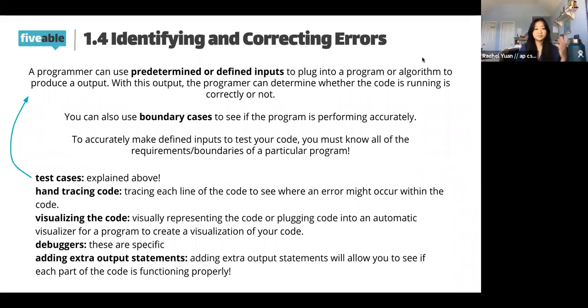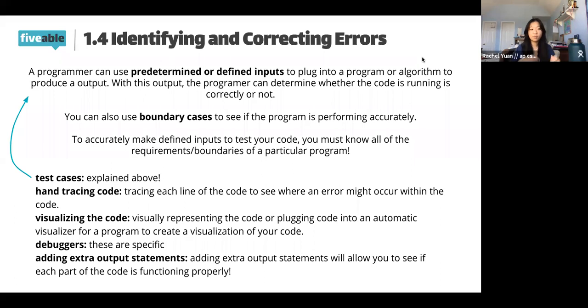But just as a disclaimer, visualizers are really helpful to see what's wrong with your code on outside projects. But for College Board, there's not going to be any visualizers for you to use on the test because it's just a multiple choice question test. So definitely don't rely on those when trying to determine errors within code, because that might be a question where there's a little segment of code and it's like, why is this code wrong?